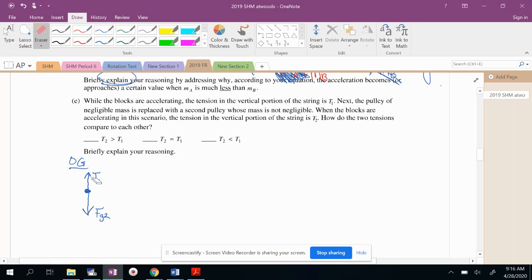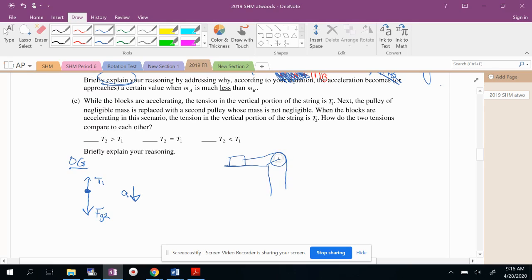And actually I want to make this tension much smaller because this thing is accelerating, and I want to just make it very obvious that this is accelerating. Okay, now it says, next a pulley of negligible mass is replaced by a second pulley whose mass is not negligible. Okay, so I have the situation with the first mass on the table, the pulley.